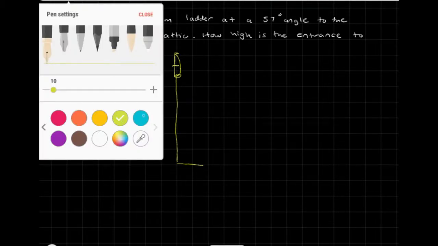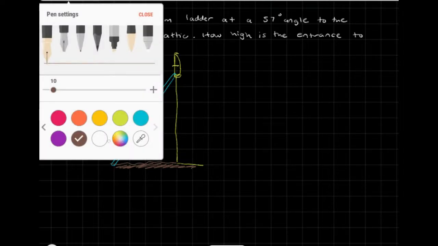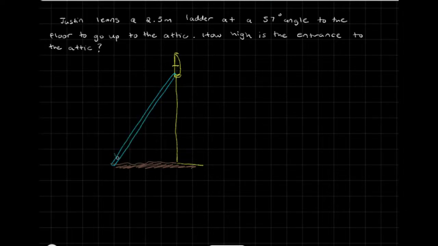What you're gonna do here is what Justin's doing anyways, is he's leaning a ladder on the floor to get to the attic. Okay, so this is your ladder. You know, let's say that this is the ground here, right? So yeah, don't mind the poor drawing, guys. So this is your ladder, right? So just kind of make it a condensing ladder.